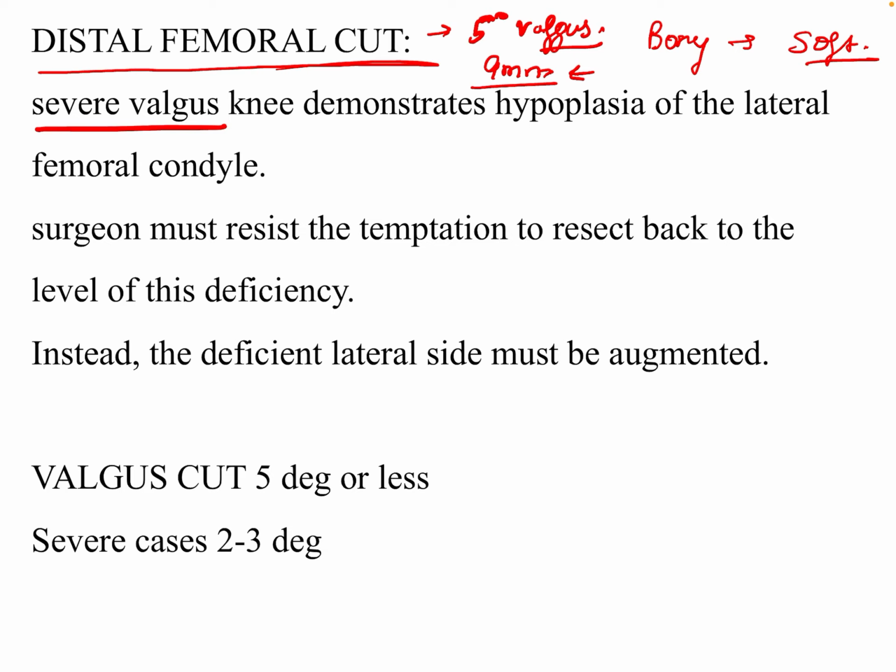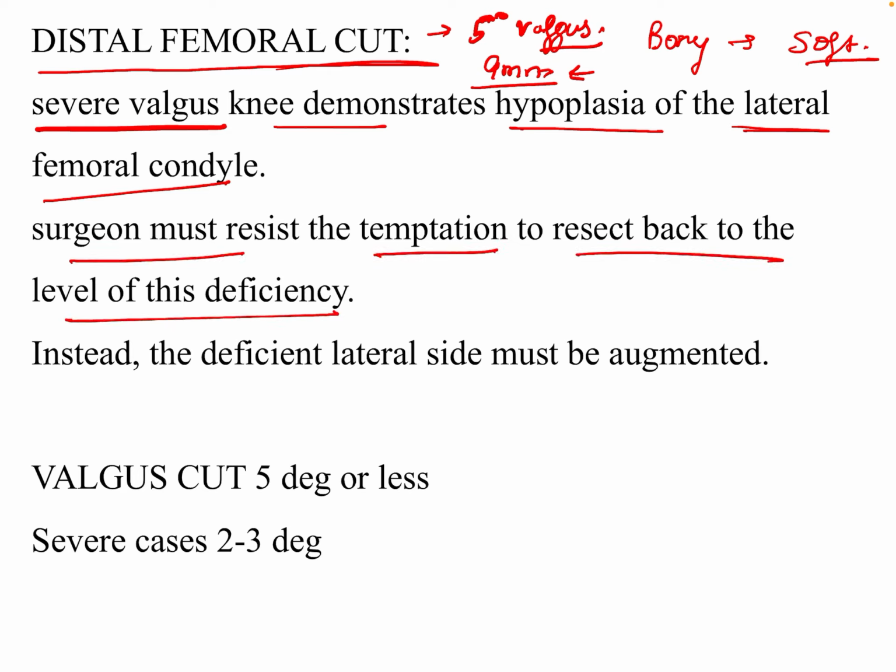In a severe valgus knee, there is hypoplasia of the lateral femoral condyle. So the surgeon must resist the temptation to resect back to this level of deficiency. If this is the femur, and here we have the tibia in extension, this is the lateral side, this is the medial side, and this is the extension view. We can see the hypoplasia of the lateral femoral condyle.